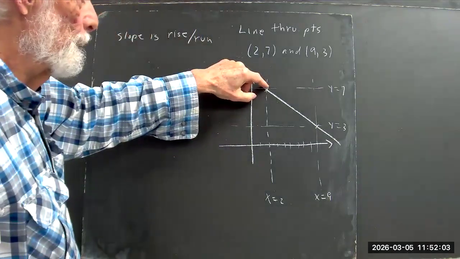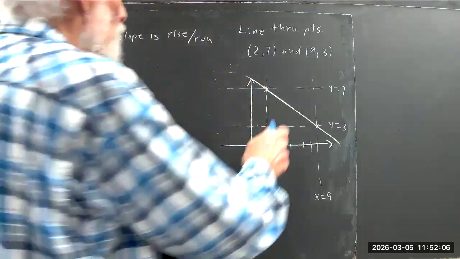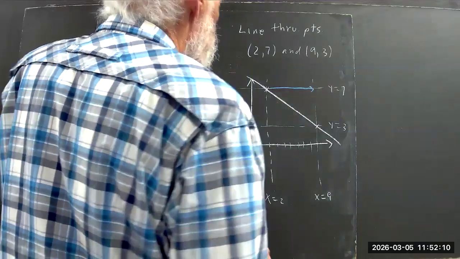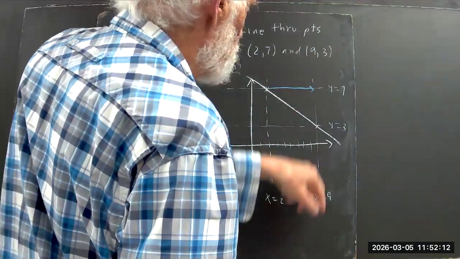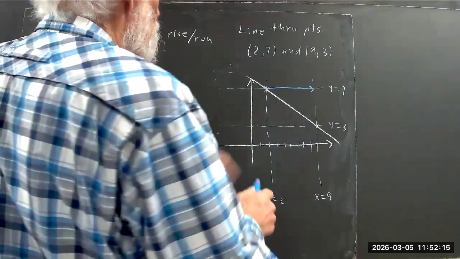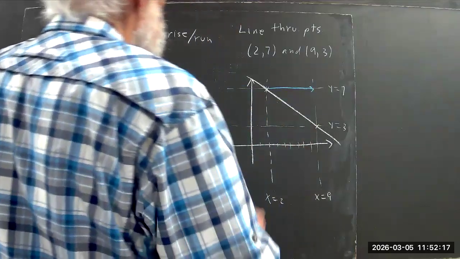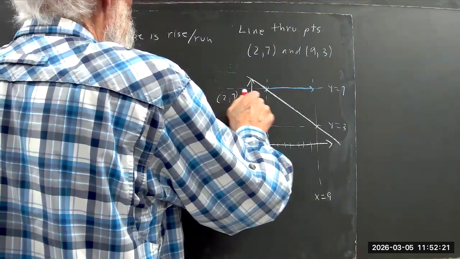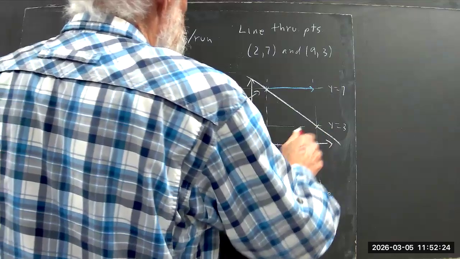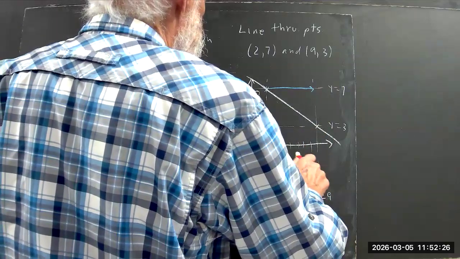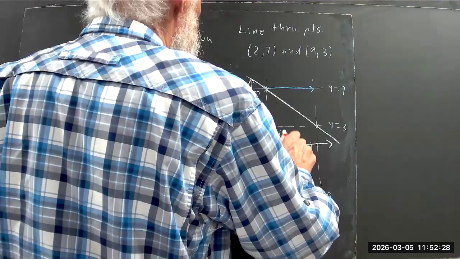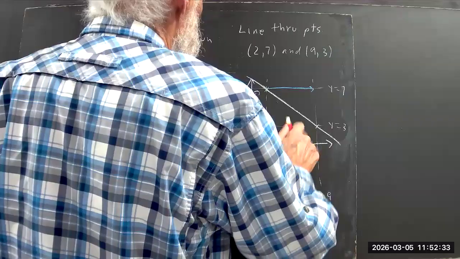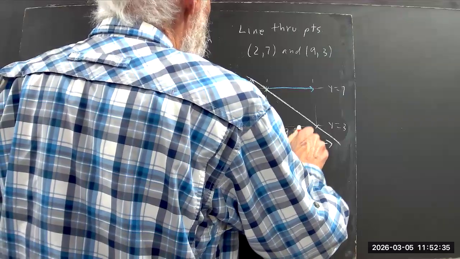We start at this point and go straight across. We hit the line where x equals 9, which of course is the line above this point. Let's go ahead and label these points. First point is 2, 7. The second point is 9, 3.